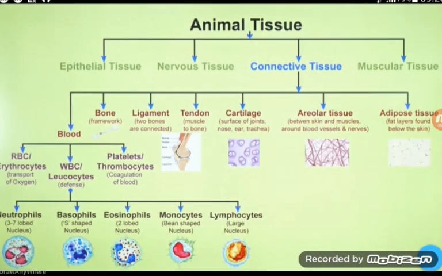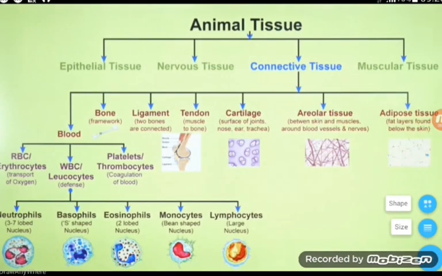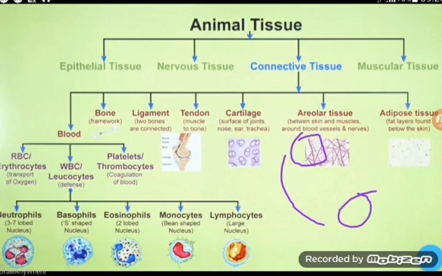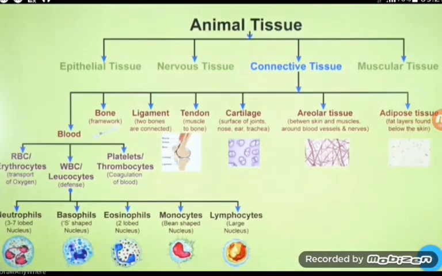Basophils contain an S-shaped nucleus. Eosinophils contain a two-lobed nucleus. You can see the two-lobed nucleus. Monocytes contain a bean-shaped nucleus like the kidney. And lymphocytes contain a large nucleus.